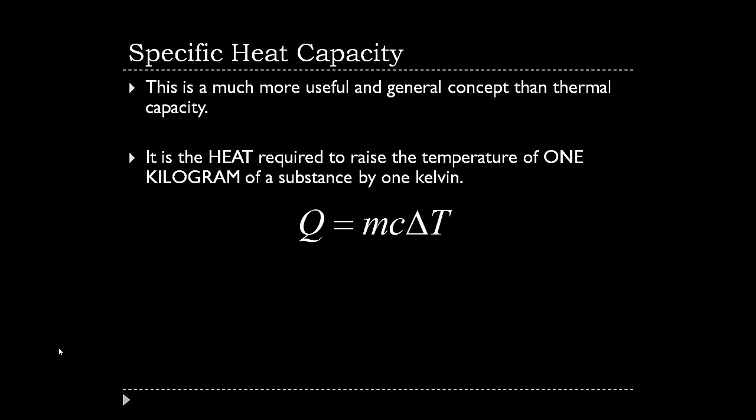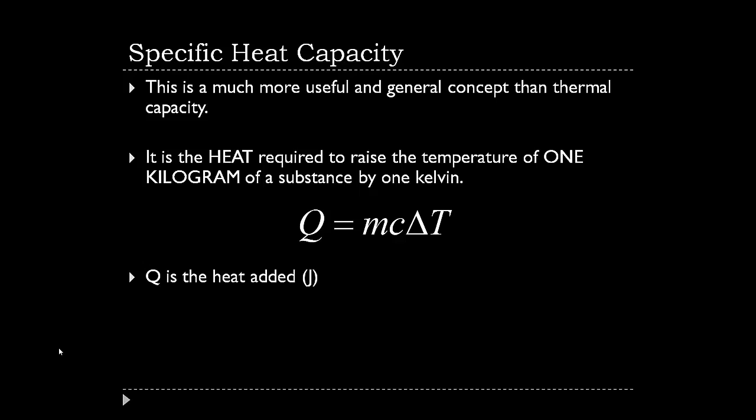And so if we have 1 kilogram, say, of water, which has a very high specific heat capacity, then it'll take a lot of heat to achieve a change in temperature of 1 degree. Whereas if we have a kilogram of lead, which has a low specific heat capacity, then it'll require a smaller amount of heat to achieve the same change in temperature.